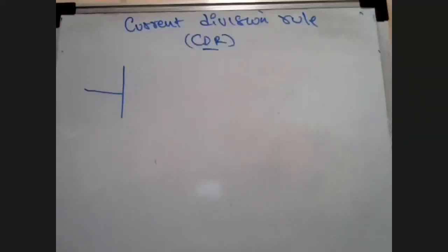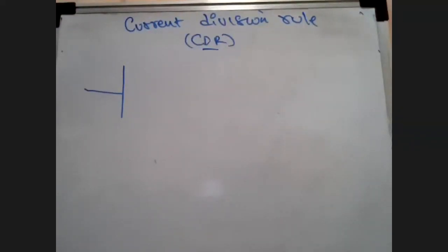What is current division rule, and what is the different approach here, which is not normally applied? Okay. So look here. In a parallel configuration, if you pay attention, it's going to be very easy for you. It's called current division rule.